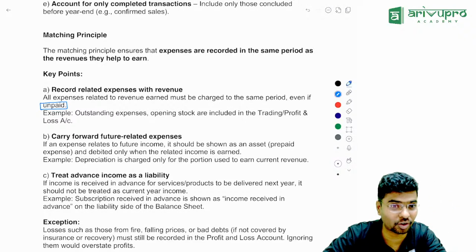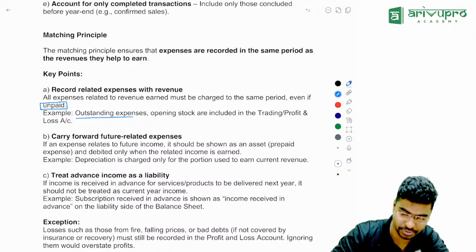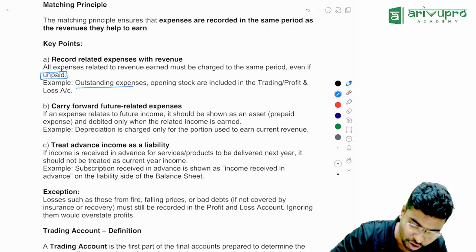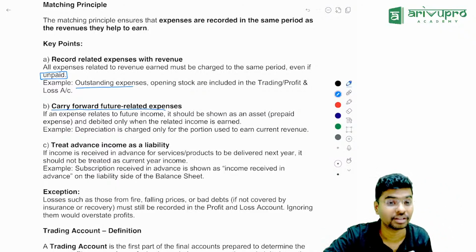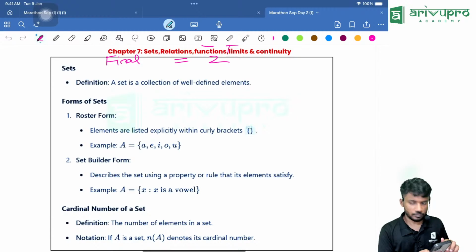Whether I pay or not, that is not my criteria for income statement. My criteria for income statement is whether it is incurred or not. Clear? What are the examples? Outstanding expense. Opening stocks are included in the P&L. Carry forward future related expenses. The second example which I told you: I have already paid a rent for 18 months, but what belongs to the current year is only.